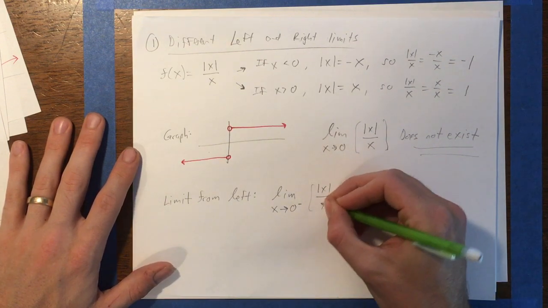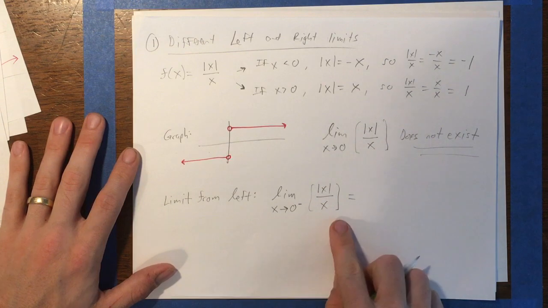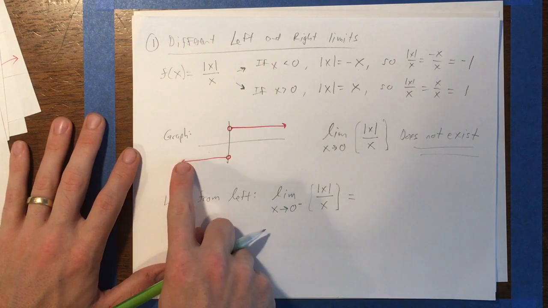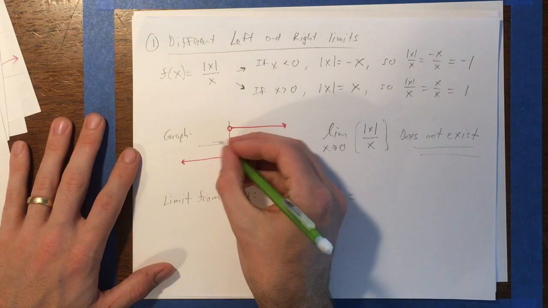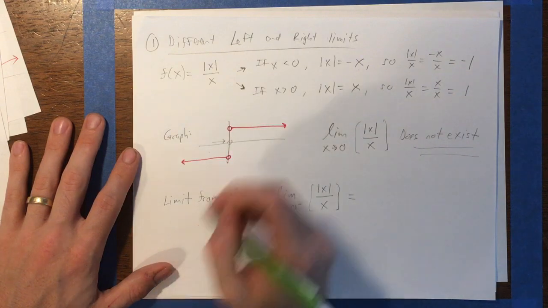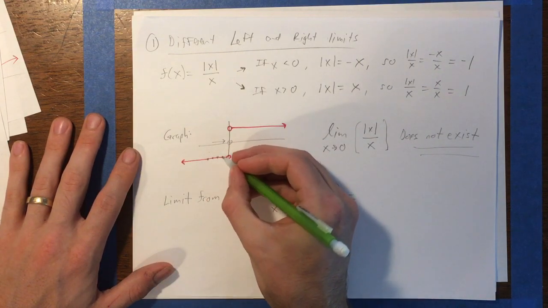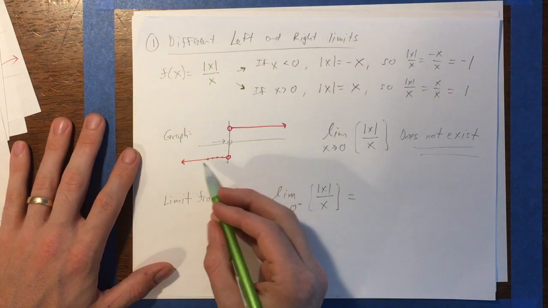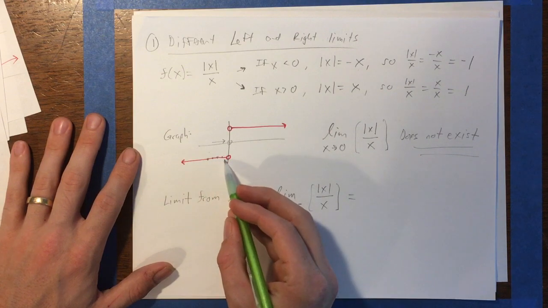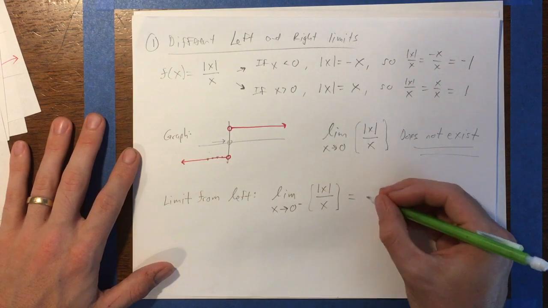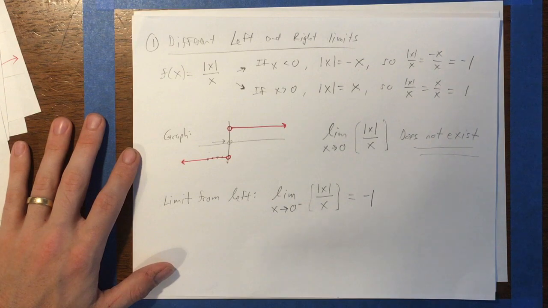For this function, that one-sided limit does exist, because as x is approaching 0 from the left-hand side, these points here have y-coordinates all equal to negative 1. So what are we approaching? Negative 1.